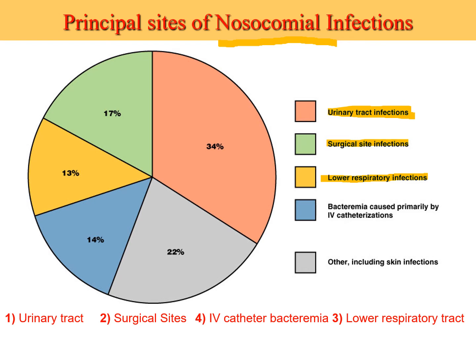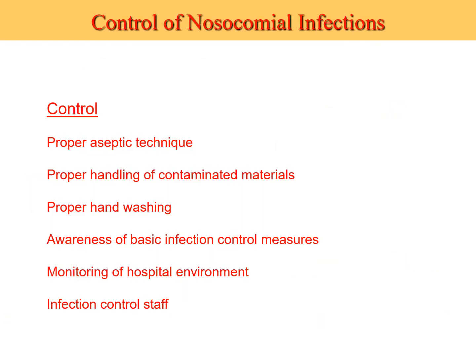So lower respiratory infections here, 13%. Let's get another color, 13% here. But by far number one is urinary tract infections and surgical sites. Bacteremia caused by IV catheters is not insignificant, and then other sources or other sites.